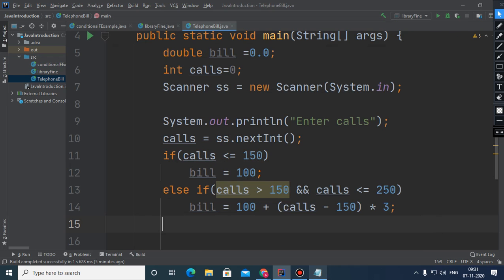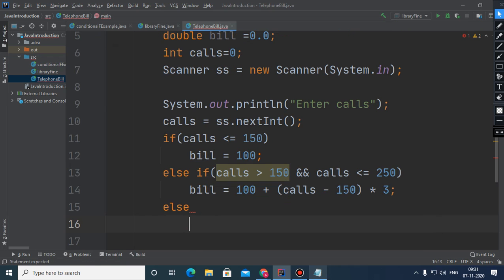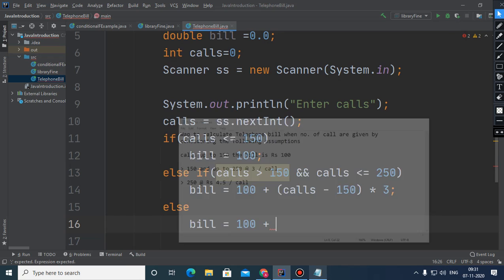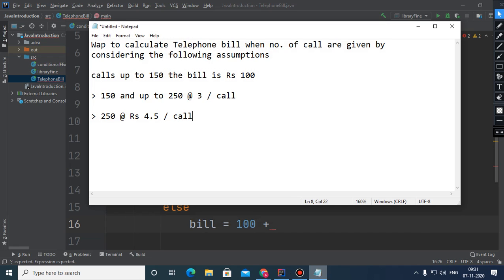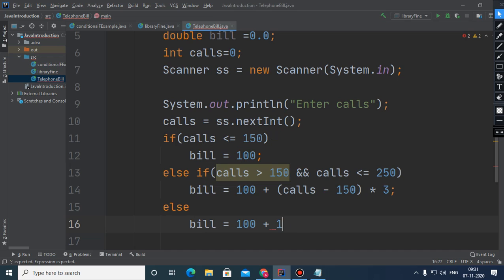And now else, bill is rupees 100 plus what? The rate is, you just need to calculate the difference between these. 100 into 3 plus.